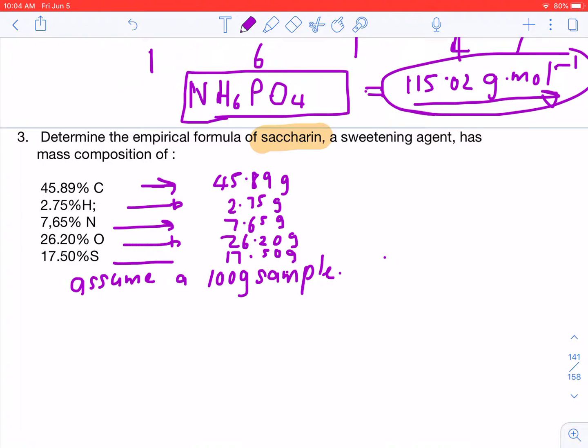Okay, so there you have that. We got the masses if we assume a 100-gram sample. Okay, so let's maybe just do this.